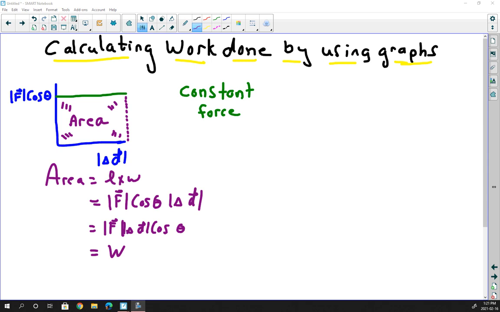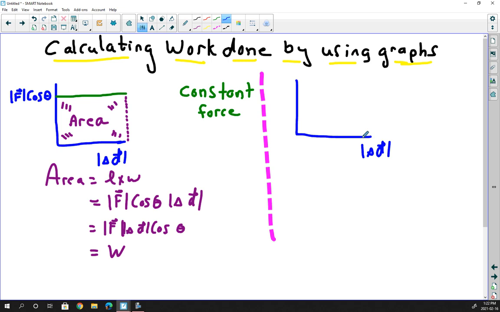But what about this situation? Now, we don't see a lot of this in high school physics, but I'm going to show you anyways. It is only briefly mentioned. What about if you're graphing whatever the object that you're applying a force to, it undergoes a certain amount of displacement, right? And over here, you're going to take a look at the force cos theta that is applied to that object as being pushed.